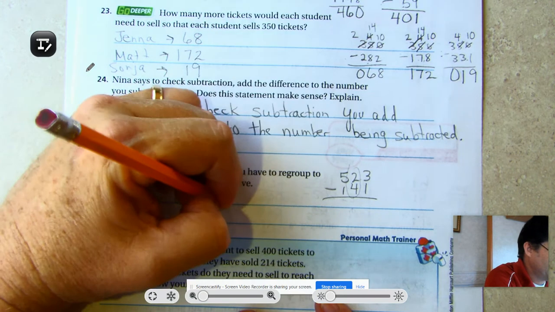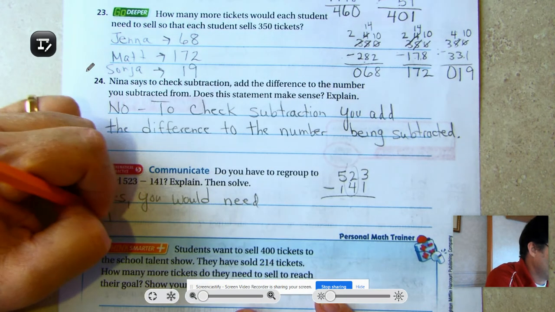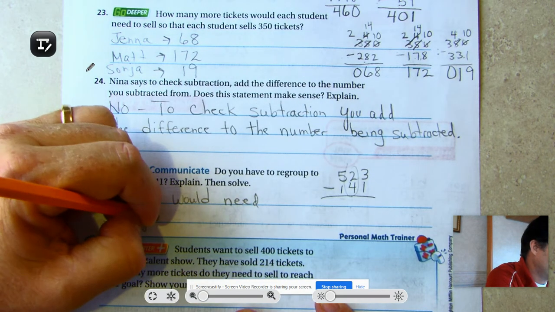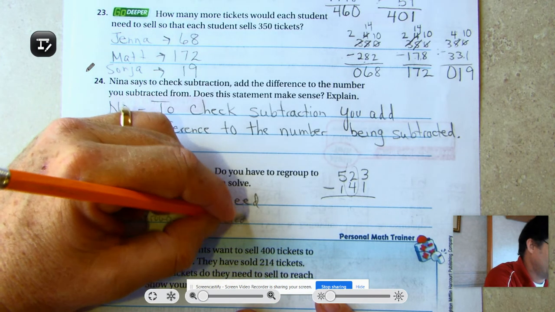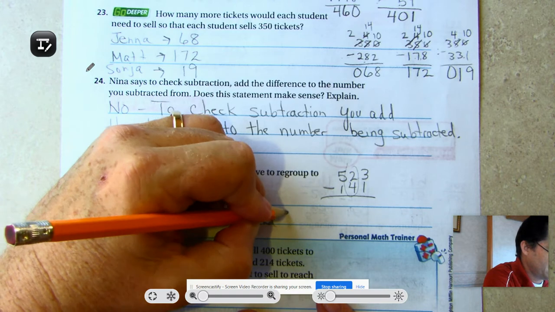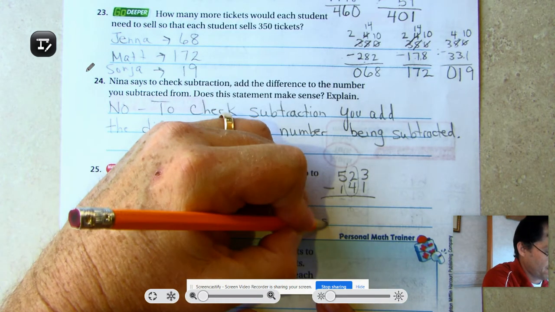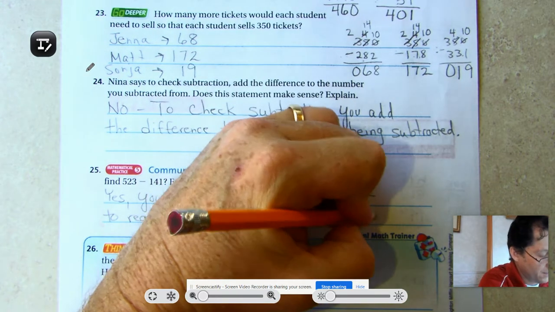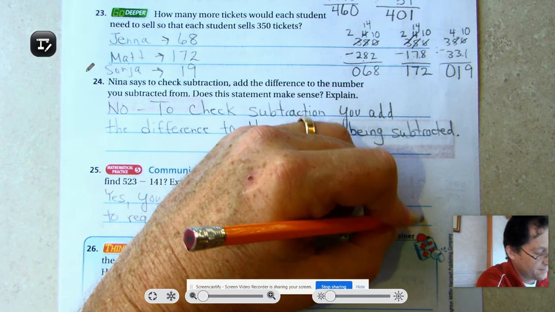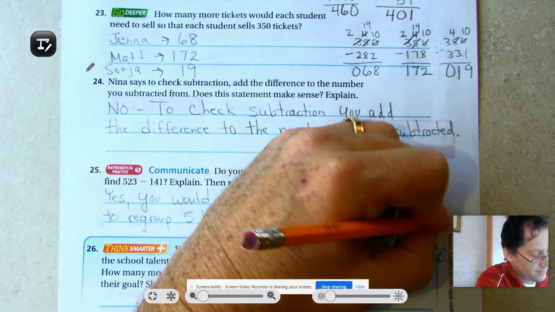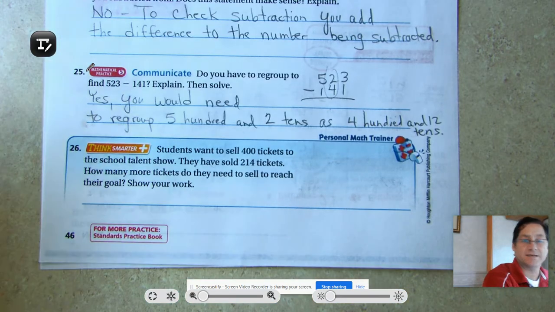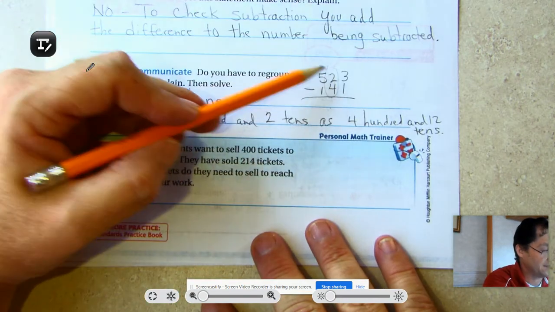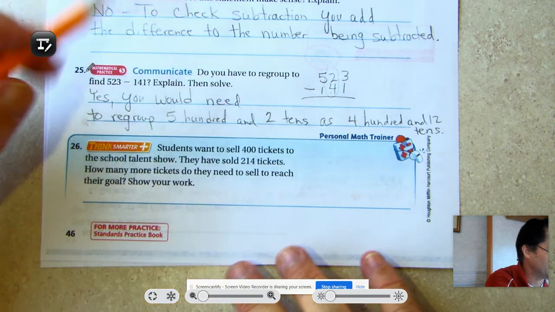We would need to regroup 500 and 2 tens as 400 and 12 tens. So yes, we would have to regroup because 2 tens is less than 4 tens.